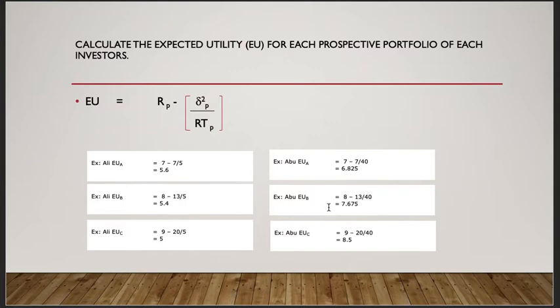If Abu invests in portfolio B, it will give Abu 7.675 expected utility. And if Abu invests in portfolio C, it will give Abu 8.5 expected utility. So we want to know which one is the best portfolio for Ali, and which one is the best portfolio for Abu. How do we answer this question?